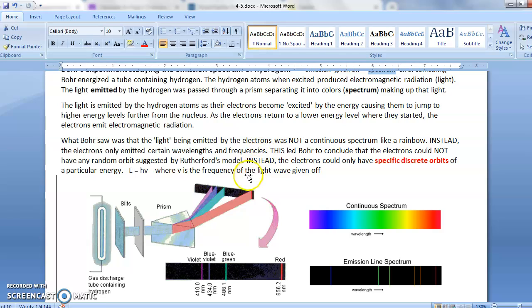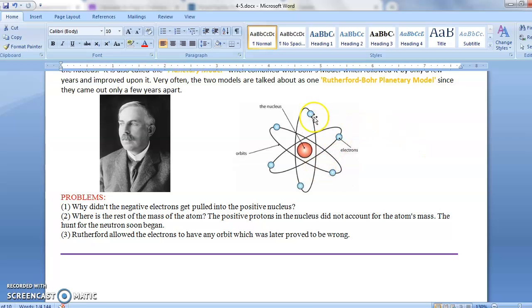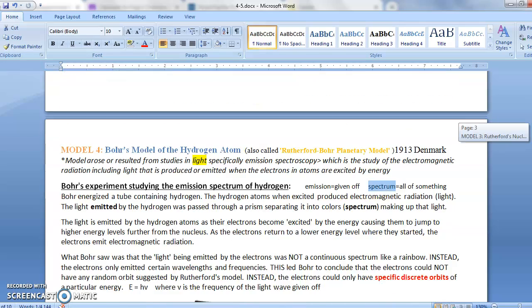Bohr reasoned that it was the electrons in the atom that were responsible for the spectrum being given off. And what Bohr realized is that the electrons could not have just any energy, as Rutherford thought. Rutherford said that these electrons could have any orbit, therefore they could have any energy. Bohr saw something different.